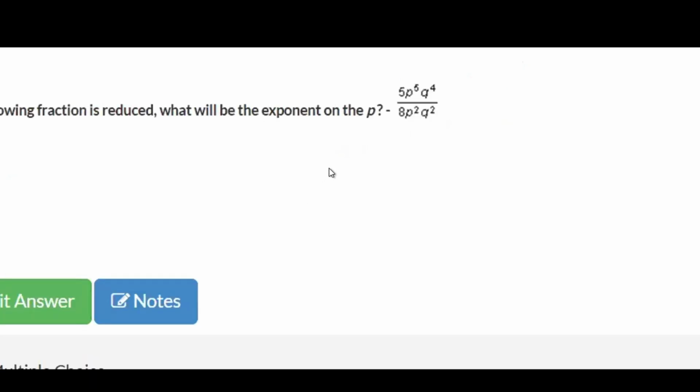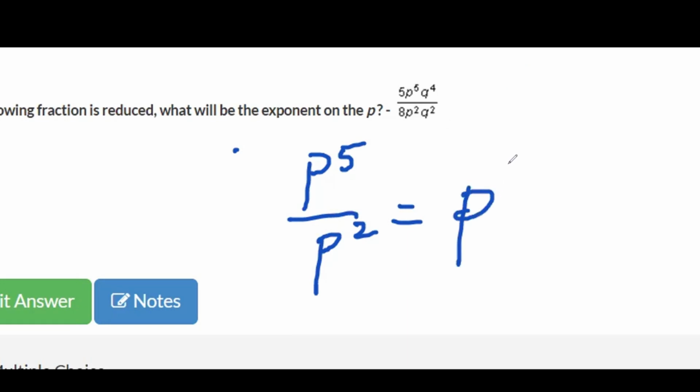If the following fraction is reduced, what will be the exponent on P? So we think about P. We don't have to think about any other variables, only P. This is P power 5 and P power 2. In division, we subtract powers. 5 minus 2 is P power 3.